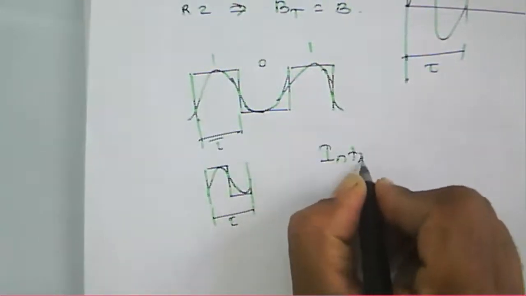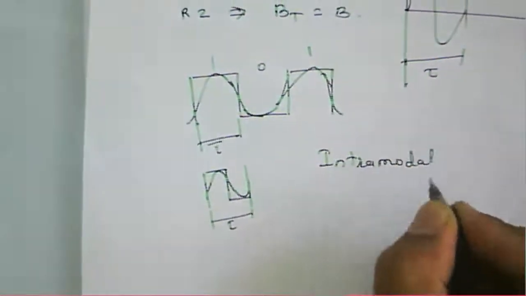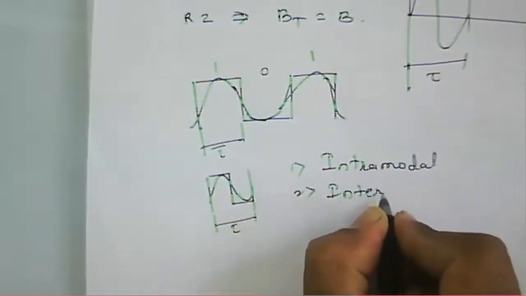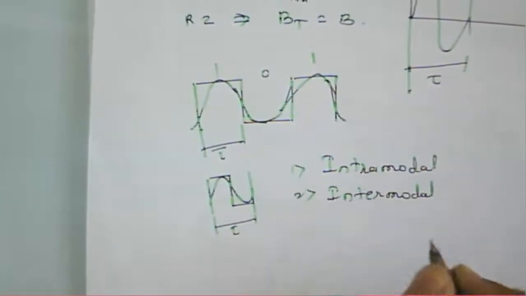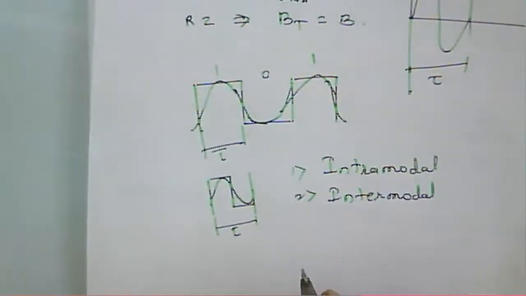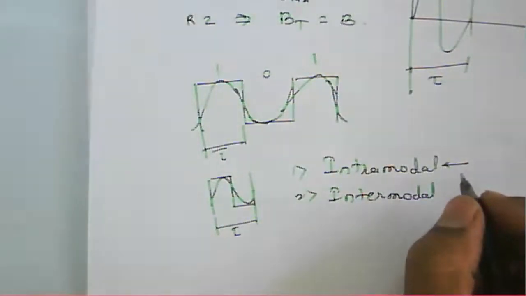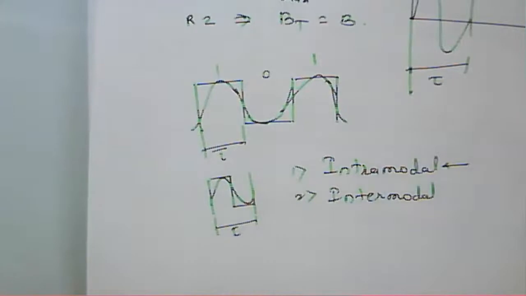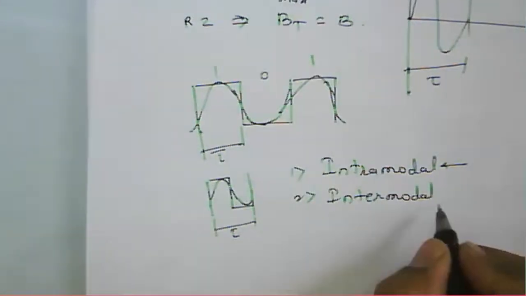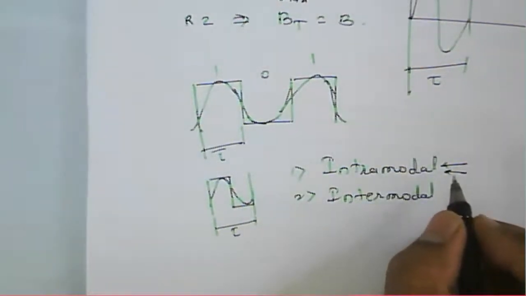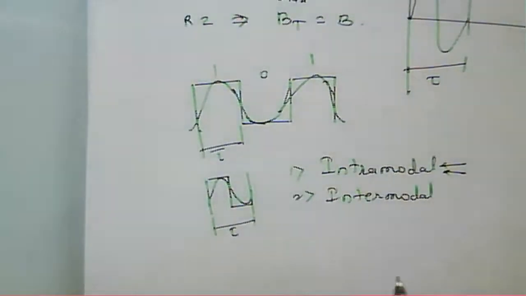That is, the intramodal dispersion, and the second is the intermodal dispersion. In the case of intramodal dispersion, generally it occurs in a multimode fiber. The same can occur even if we use a single mode step index fiber.